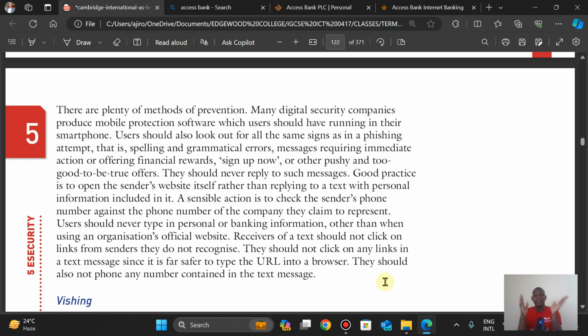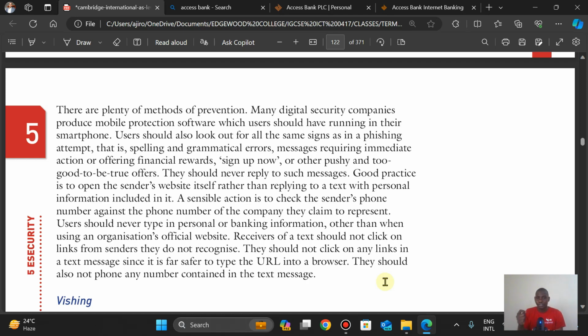So again, if you have any suspicious numbers that you're not sure whose number it is, you can go to Truecaller.com and then type in the number there. It's going to reveal the name and then other reviews concerning that number. Okay. Now, again, users should never type in personal or banking information other than when using an organization's official website.